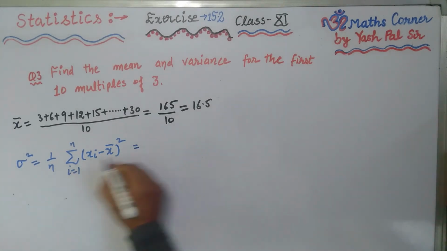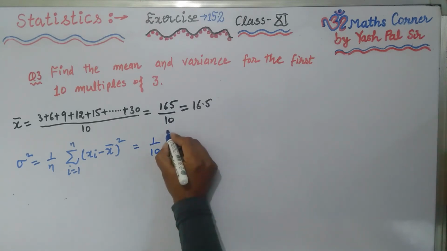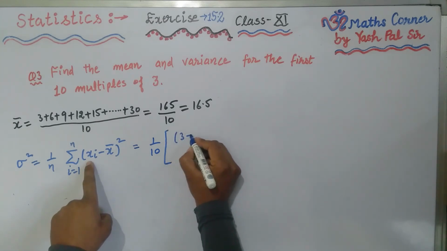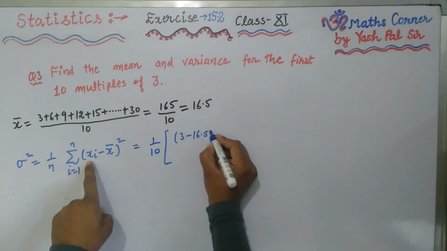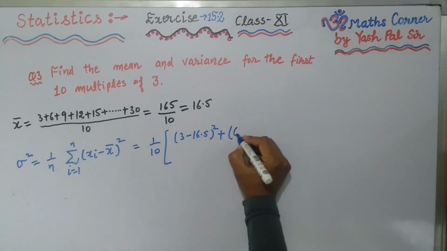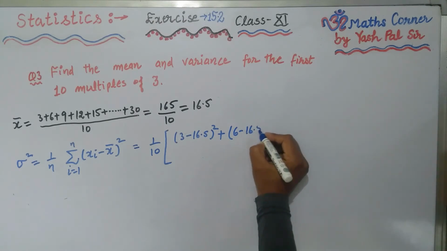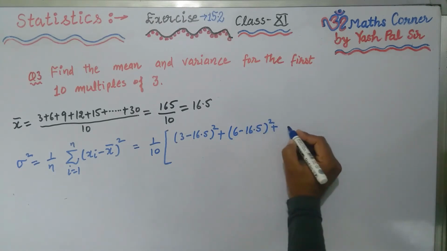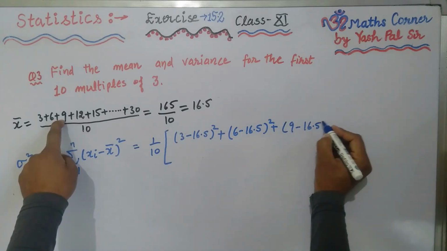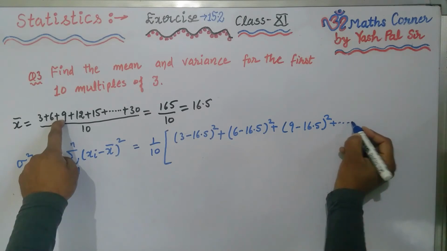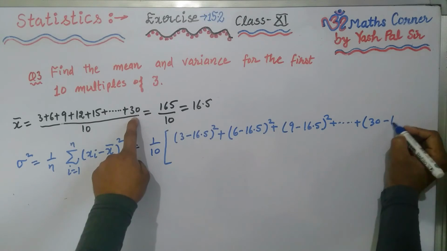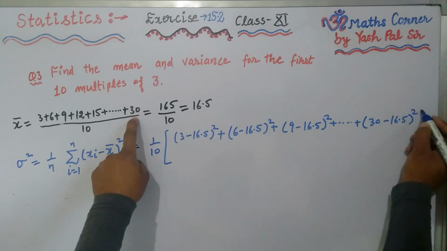This is equal to 10, 1 upon 10 into, we again use brackets, first bracket 3 minus 16.5 whole square, plus second time 6 minus 16.5 whole square, plus next is 9, 9 minus 16.5 whole square, and so on. Lastly, the last is 30 minus 16.5 whole square.